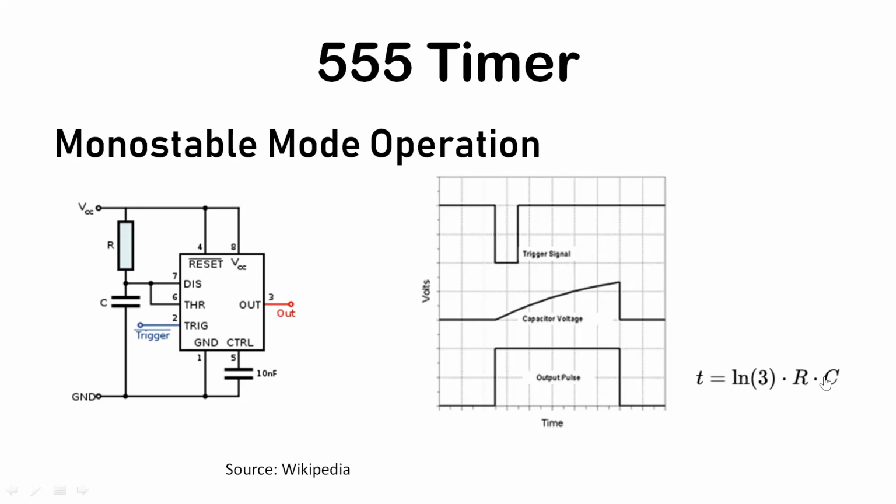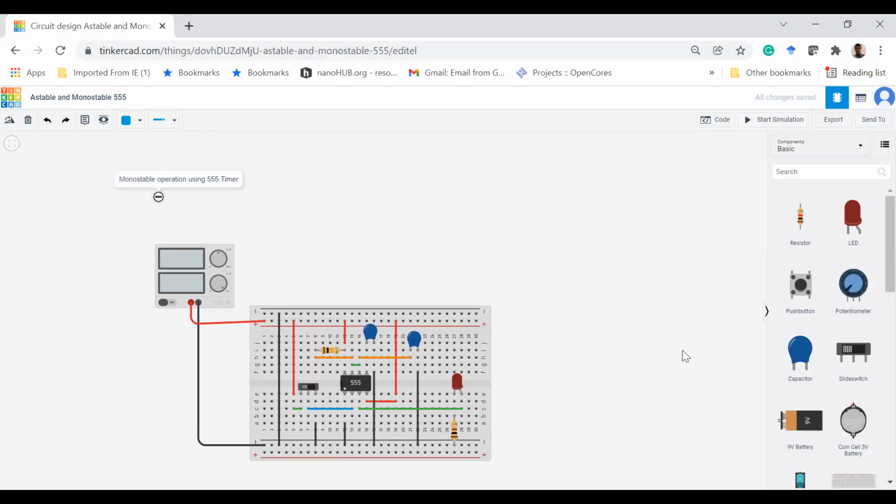The on time is actually 1.1 RC. So I'm giving R equal to 1 mega ohm, or 2 mega ohm. Okay, 2 mega ohm. And for the capacitor, mega means 10 to the power 6, so if I give 1 microfarad or 2 microfarad, so 2 mega ohm, 2 microfarad.